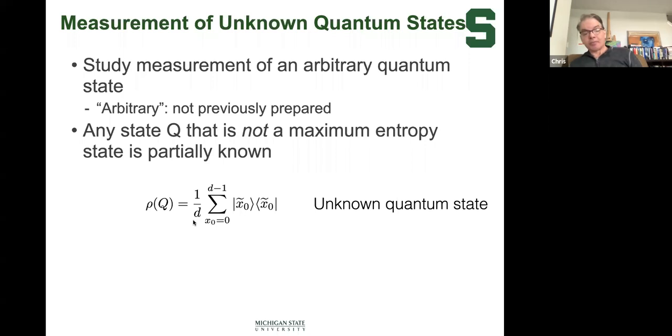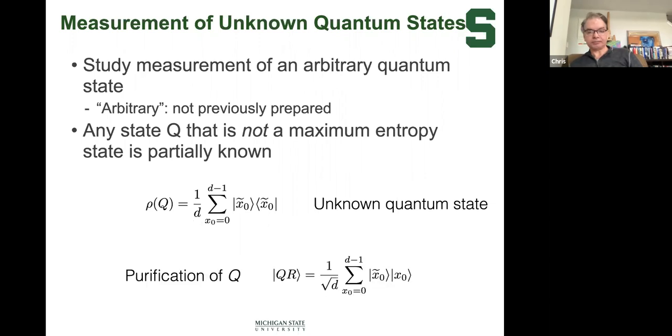Okay. Because if it was not, then in fact, you would know something. That's what knowledge means. Knowledge is departure from maximum entropy. So unknown quantum state, by definition, means that it has to have maximum entropy, in this case, log d.